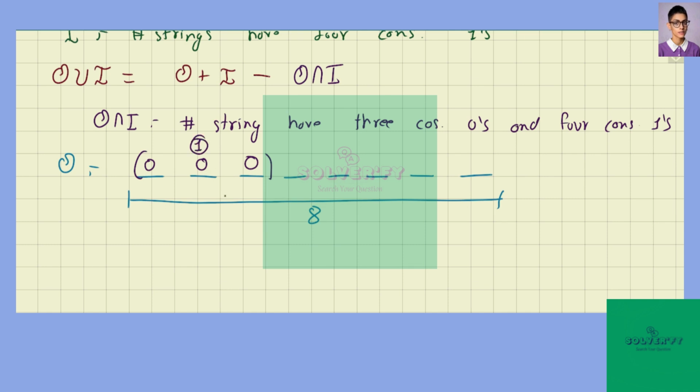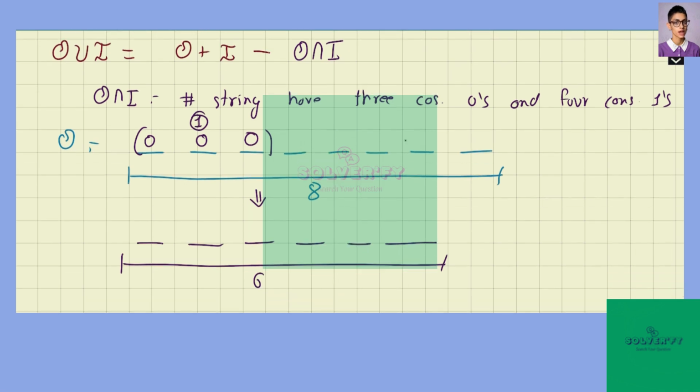We're going to take a group of the 3 zeros, and in that case this 8-bit string is going to transform into 6 positions, where in one of those we can put one special element that's going to be the group of the 3 consecutive zeros.